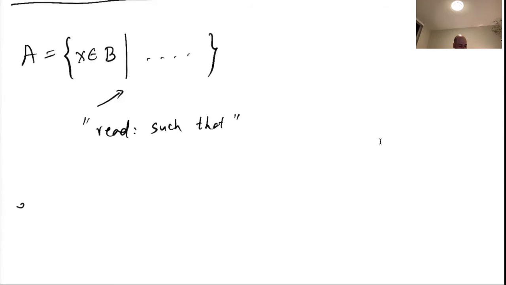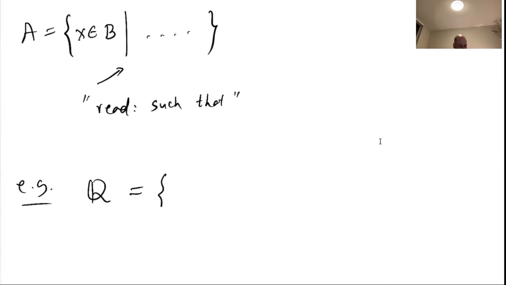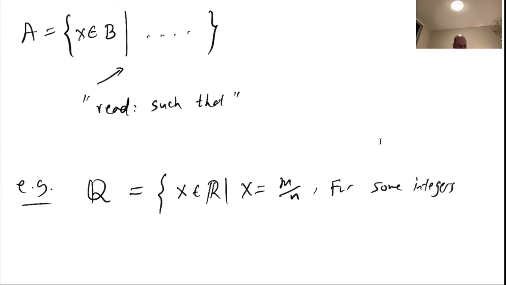So for example, let's say rational numbers. We can say that it's the set of elements x in R such that x is equal to m over n for some integers m and n, with n not equal to 0.